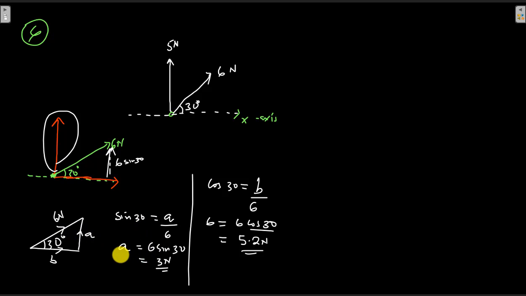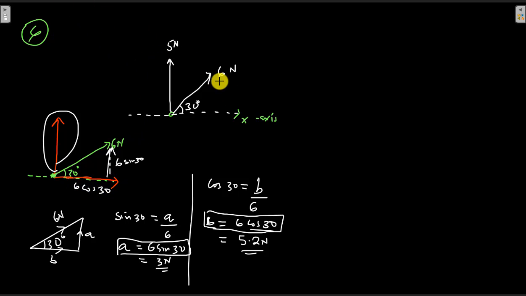What's important is this step here, because this is more general and we'll be using such notation later on. Also here, this is b, not 6. So 6 is this side. Okay, so this is 6 sine 30 and this is 6 cos 30.